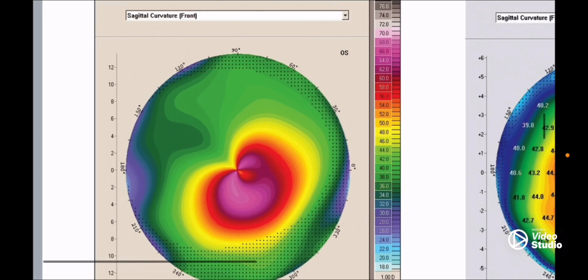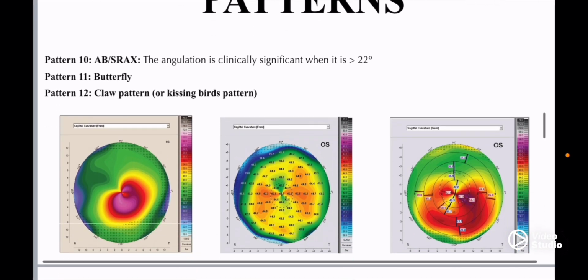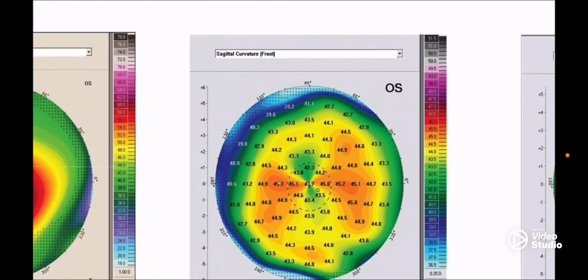In this image, you are able to appreciate the two purple lobes. One is smaller and one is larger. Now apply the same method as applied above with the angulated bow tie in this image. You'll get the degrees. Coming on to 11th pattern, which is butterfly pattern.